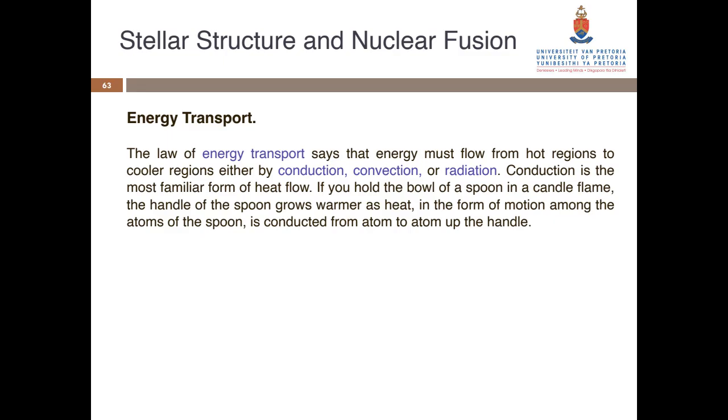So the law of energy transport says that energy must flow from hot regions to cooler regions, either via conduction, convection, or radiation. Conduction is the most familiar form of heat flow. If you hold the bowl of a spoon in a candle flame, the handle of the spoon glows warmer as heat, in the form of motion among the atoms of the spoon, is conducted from atom to atom up the handle.